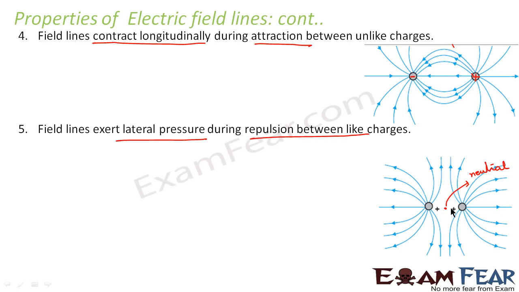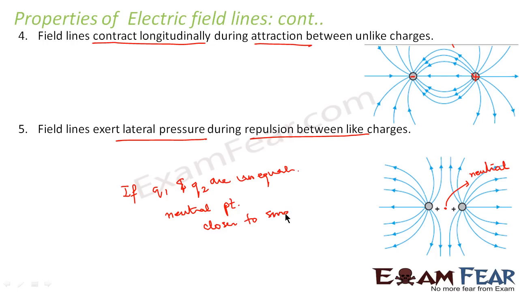That means if Q1 and Q2 are unequal, still of the same sign but not equal in magnitude, the neutral point will be closer to the smaller charge. It will lie on the line joining the two charges.